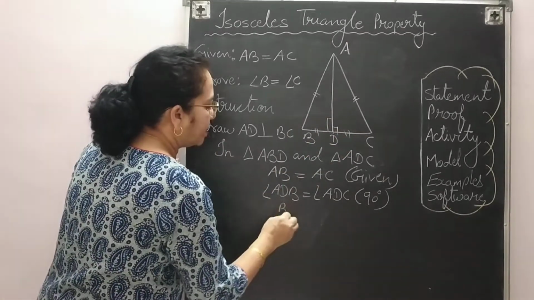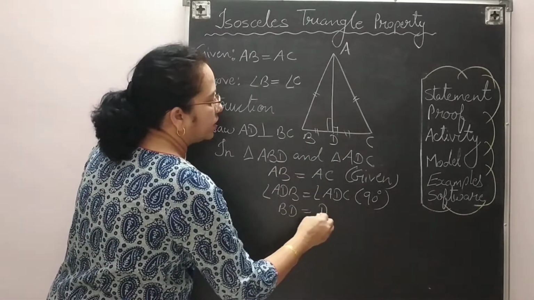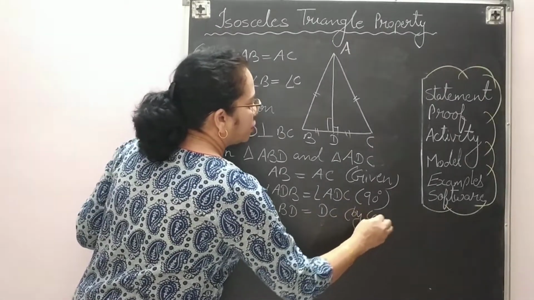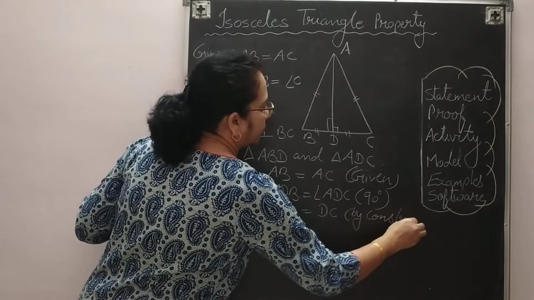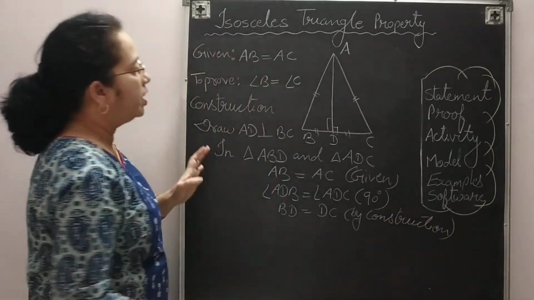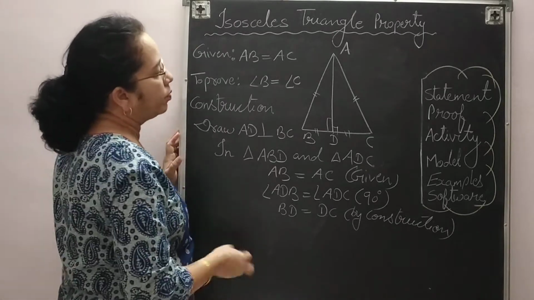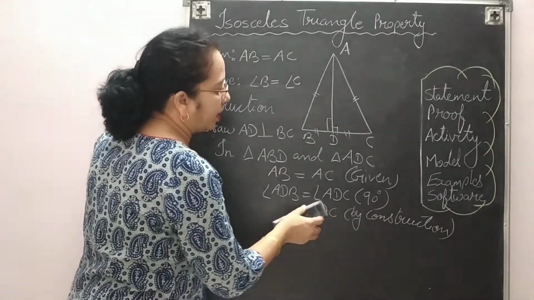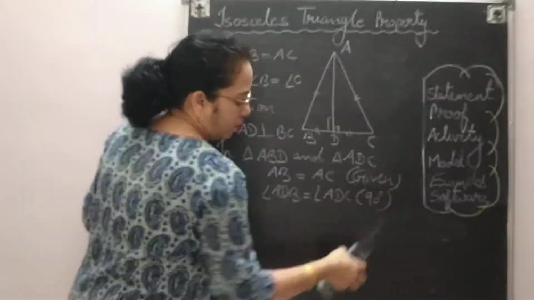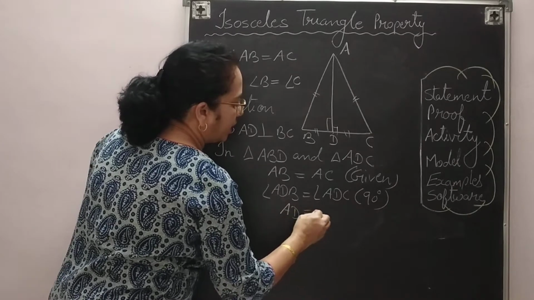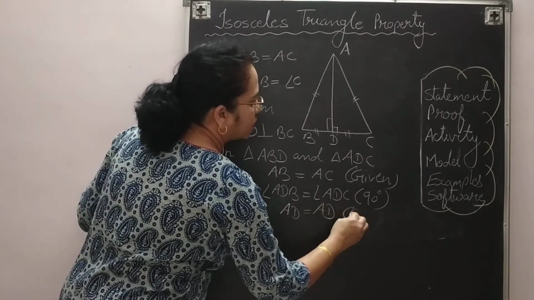So BD is equal to DC, by construction. If you have any confusion with this, you can take another one also, which will be easier. AD is equal to AD. This is the common side.